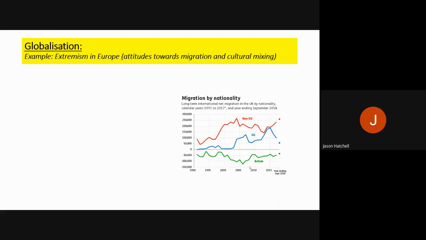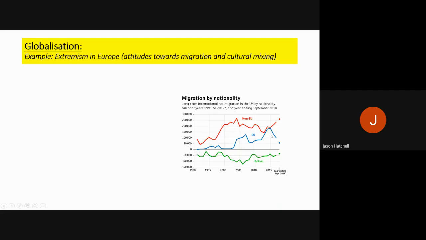Our next example was extremism in Europe and attitudes towards migration and cultural mixing. So you can see a graph here on the right, which shows you migration by nationality, and we have non-EU immigrants, EU immigrants, and British people as well in terms of net migration.